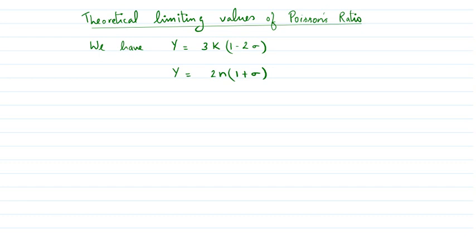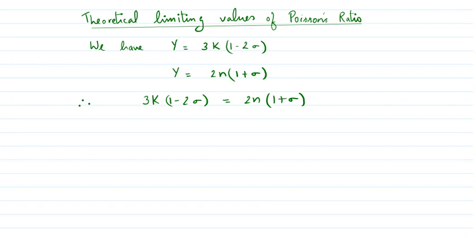The derivation of these equations will be taken in the next class. Since Y is the same in both, we can equate these equations. So we can write 3K (1 minus 2 sigma) equal to 2N (1 plus sigma).